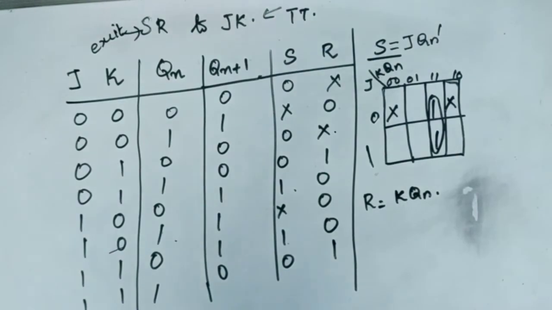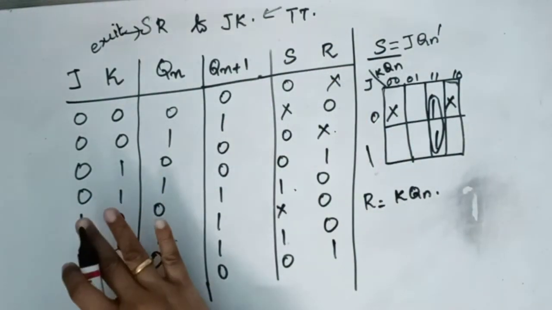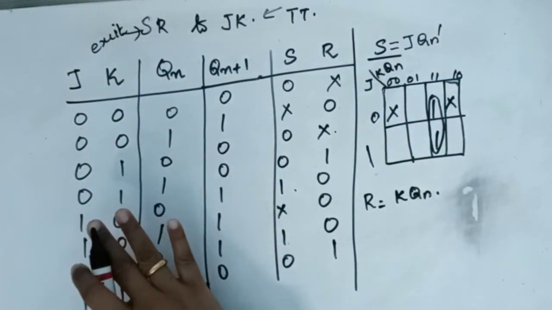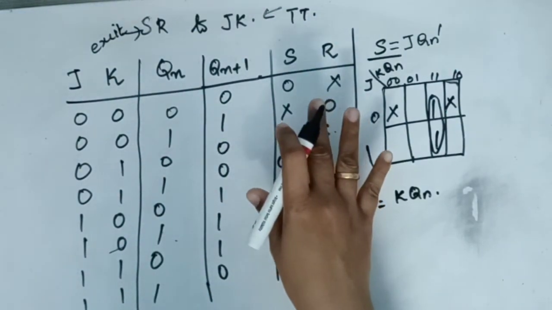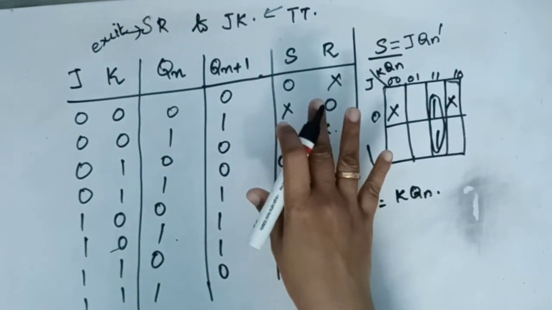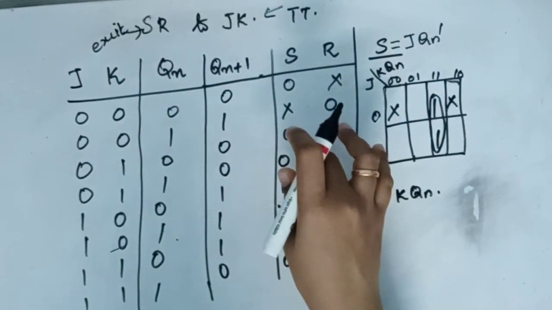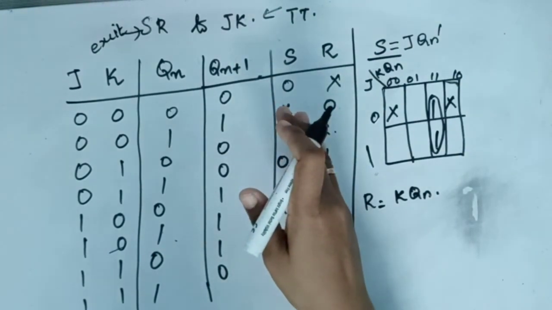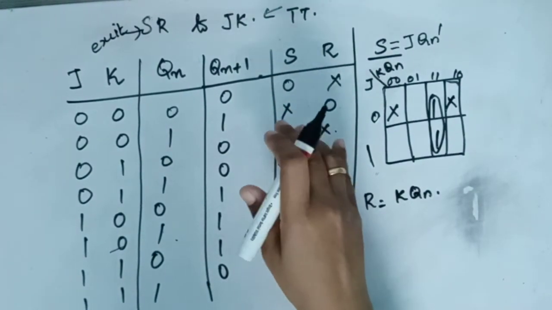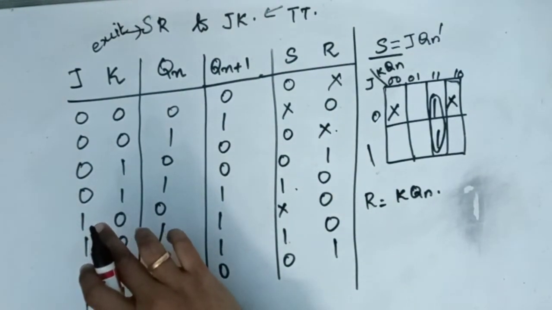So in order to convert A to B, A flip-flop to B flip-flop, first we wrote the truth table of B. From that Qn and Qn plus 1, we wrote the excitation table of A. Then we write equations for the inputs of A using the inputs of B and Qn.